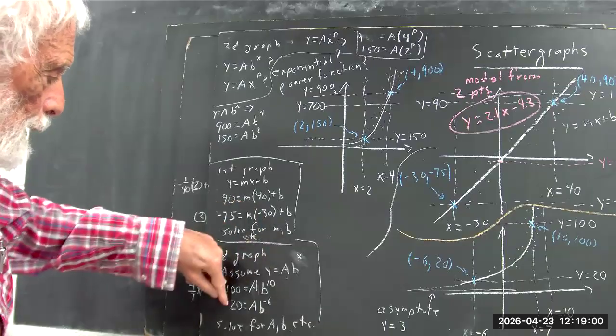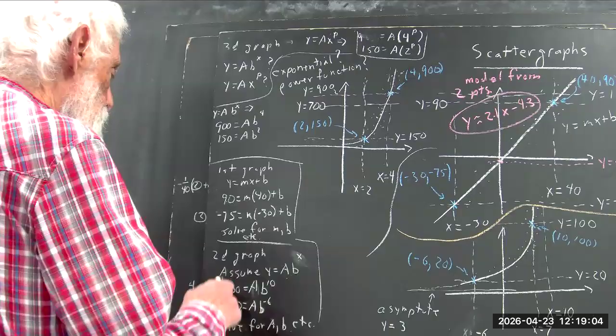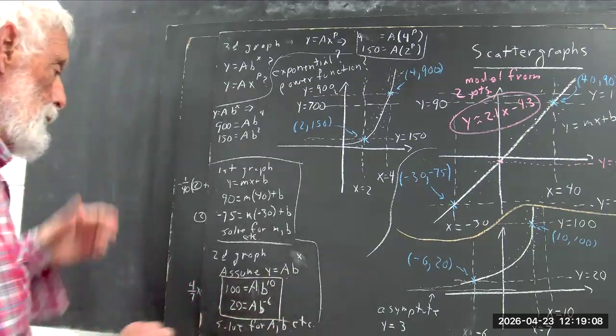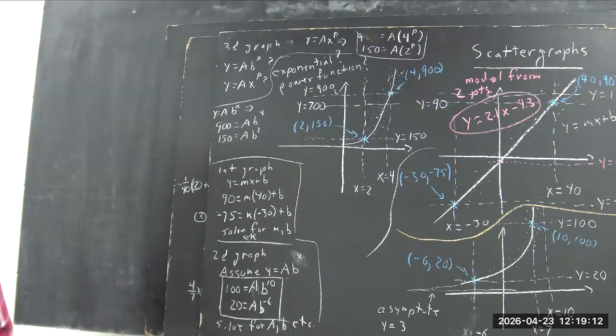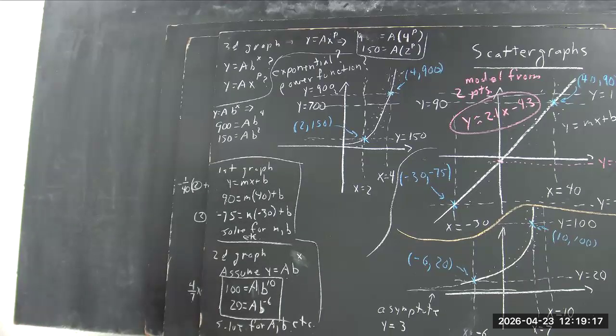Y equals 20, so y equals 20. And there's a system of two equations that we can solve for a and b. And it's kind of nice with this form that we don't have to use logs and stuff as we do for one of these models.